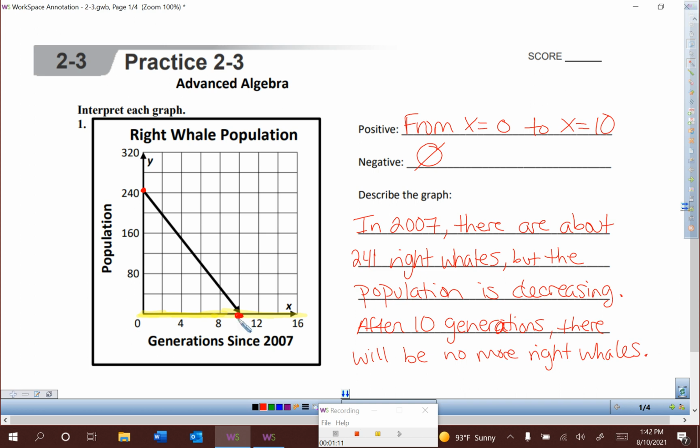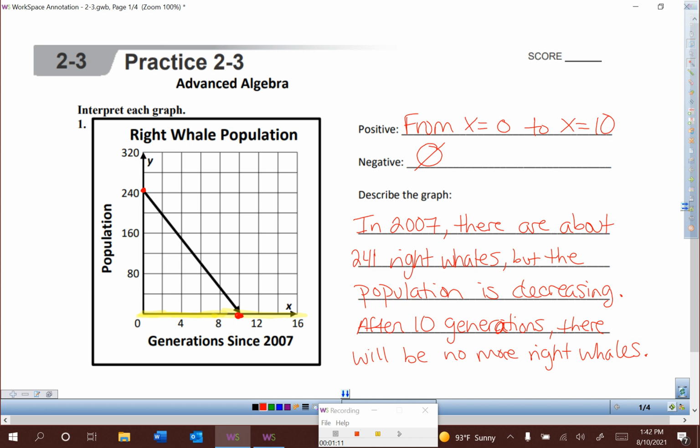The population's down to 0. So it starts 2007, there are about 241 right whales, but the population is decreasing. After 10 generations, there will be no more right whales. So I just explained the entire graph, what was happening at the beginning, what happened through the middle, and then how it ended. So pretty simple graph, pretty simple explanation. A little more complicated graph might have a little bit more complicated explanation.